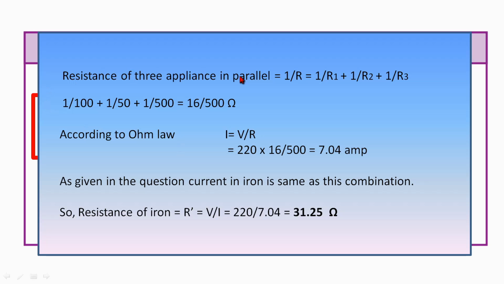The final resistance of the three appliances in parallel combination is 1 over 100 plus 1 over 50 plus 1 over 500, which becomes 60 over 500, so R is 500 over 60. According to Ohm's law, the current comes out to be 7.04 ampere. The same amount of current is going through the electric iron. So the resistance of the iron is voltage over current, which is 31.25 ohm.